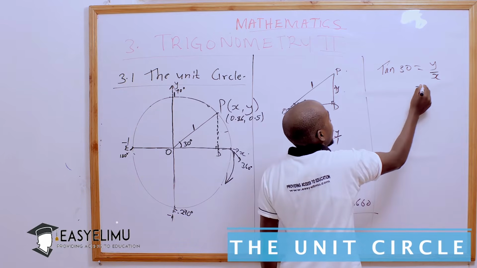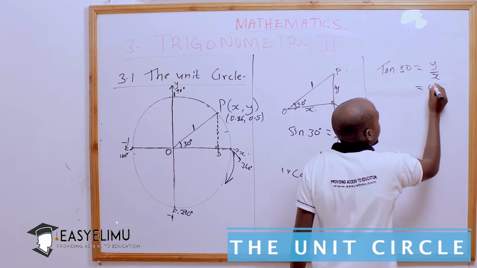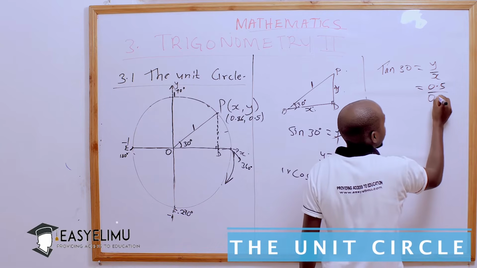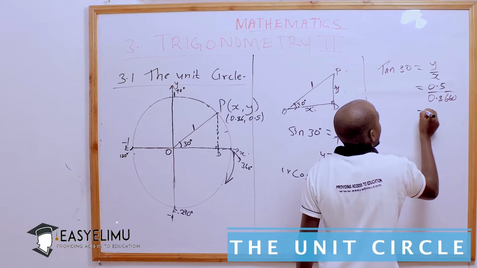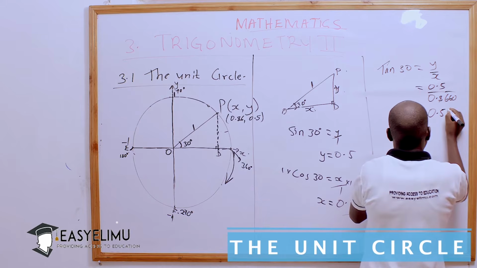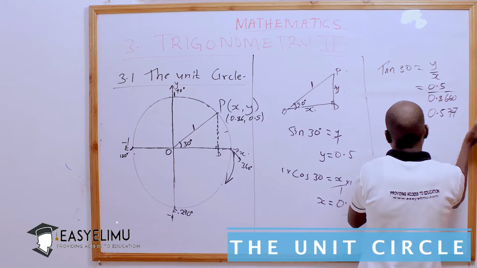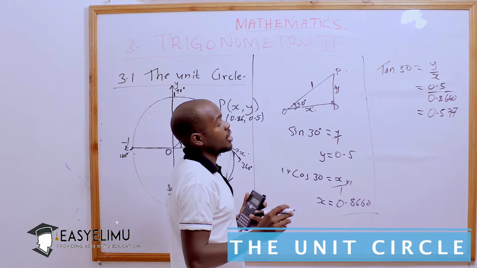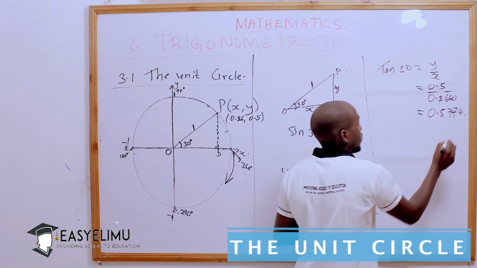If you take y over x, it is going to give us y is 0.5 over x, which is 0.8660. You will find out that it gives something like 0.577. Let's take that to 3 decimal places. To 4 decimal places will give us another value.